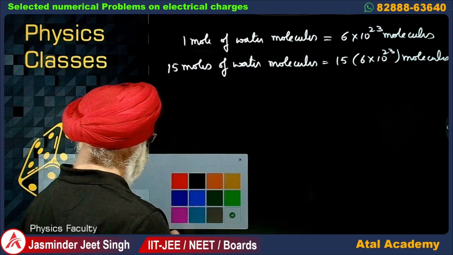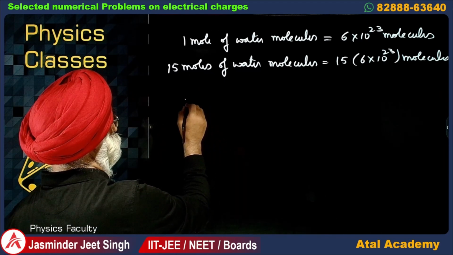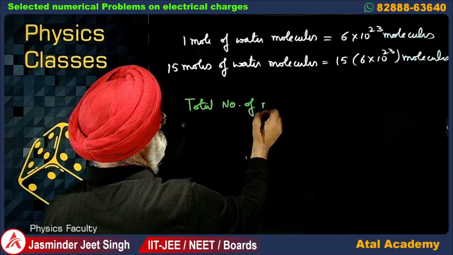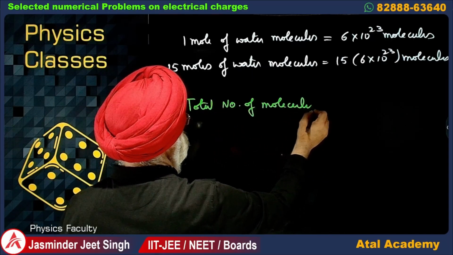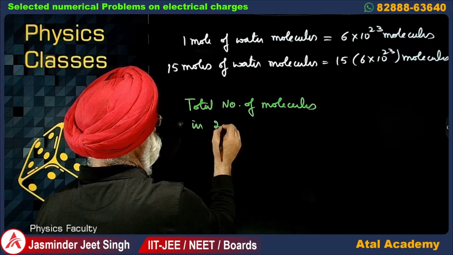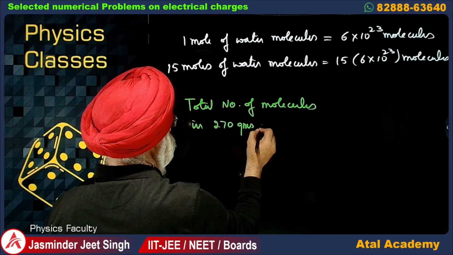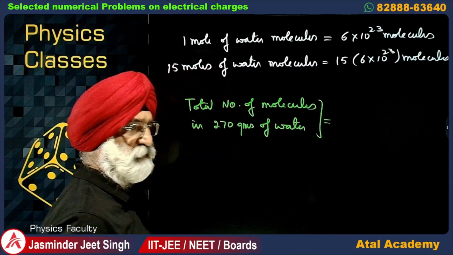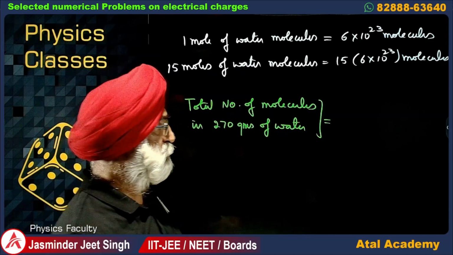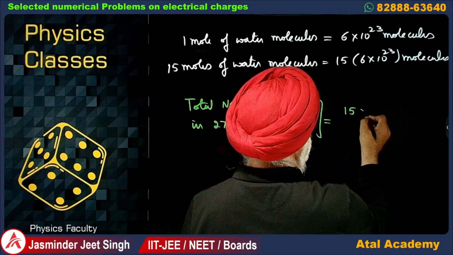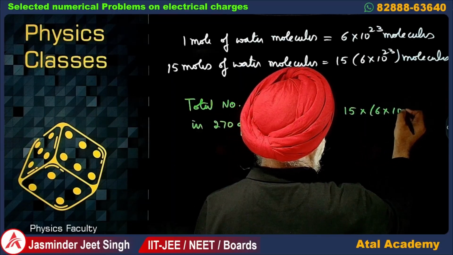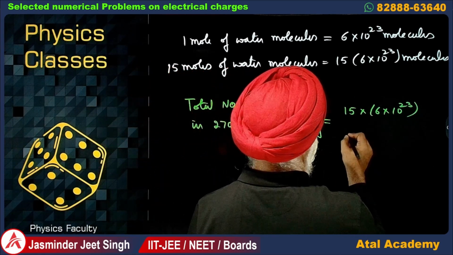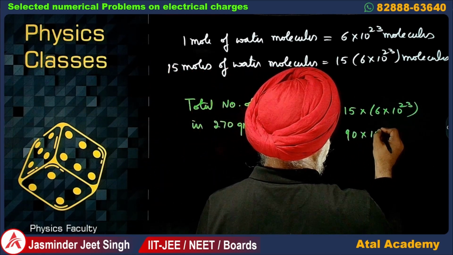That means we have got the total number of molecules in 270 grams of water. The total number of molecules will be equal to 15 into 6 into 10 to the power 23. 15 into 6 will be 90 into 10 to the power of 23.